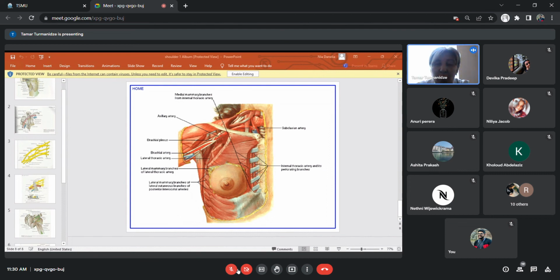Superior tracheostomy, where is it performed? At what level of the trachea? Above the thyroid isthmus. Which rings of the trachea? First and second rings of the trachea. Middle tracheostomy, at what level?